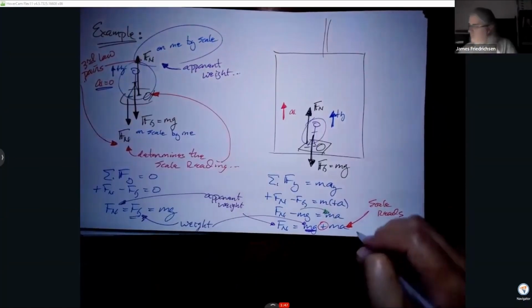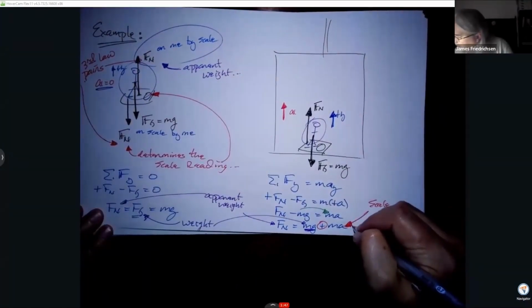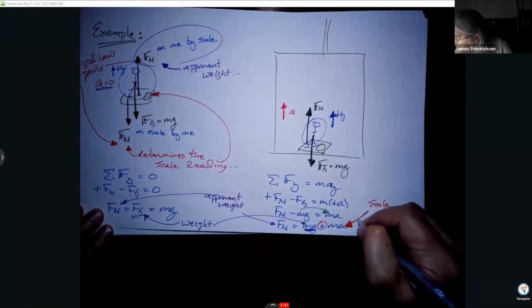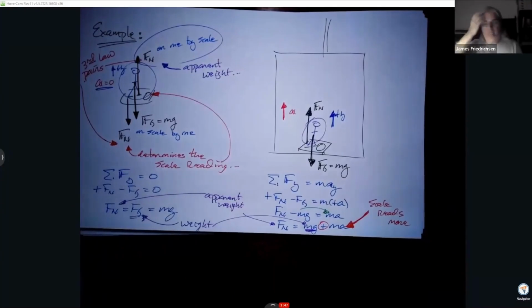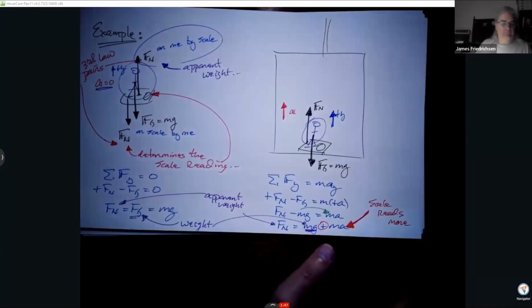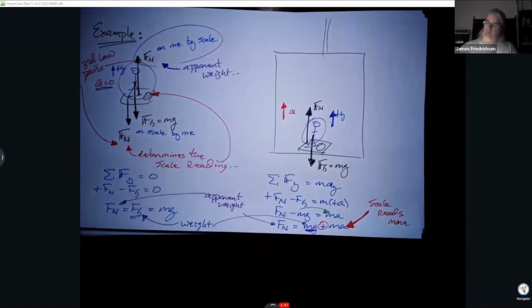If you get in on the ground floor of an elevator and then hit the up button, what do you experience? What's it feel like? On the ground floor, hit floor 5 or something like that, and it takes off. What do you feel?